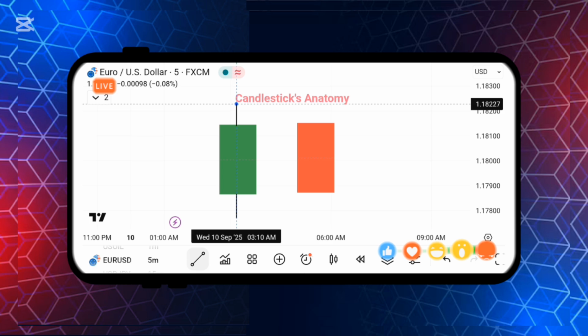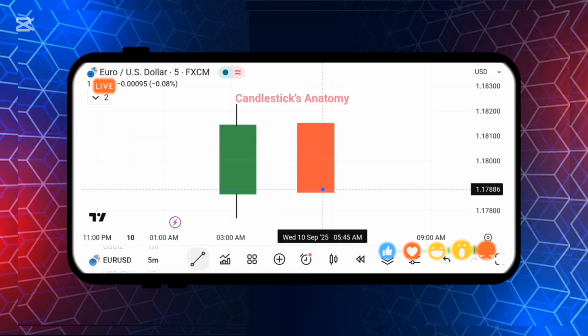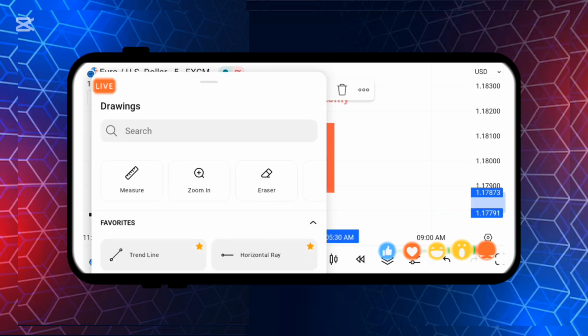So you can see this is the wick. Sometimes the candles do not have a wick. Not every candle has a wick. So you should note that. Now you can see this also has a wick. Let me draw everything so that I can explain it for you guys.